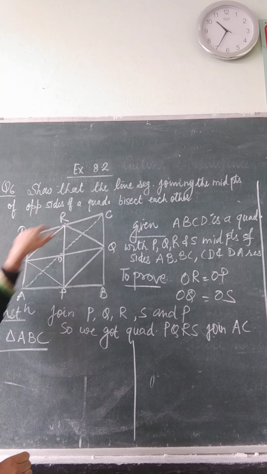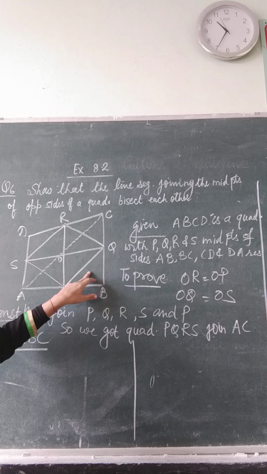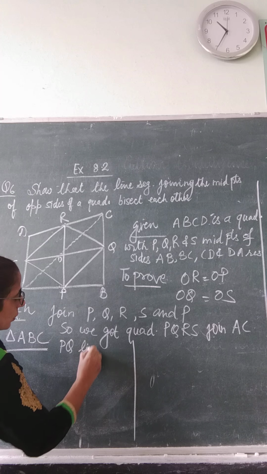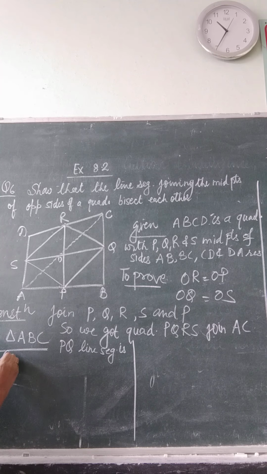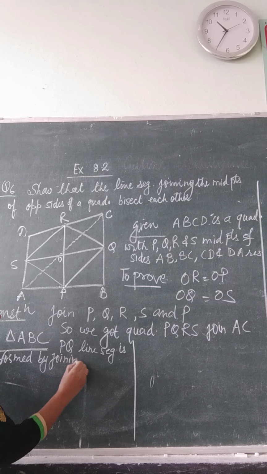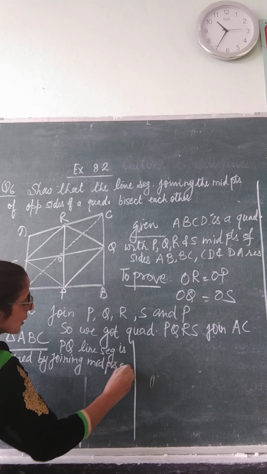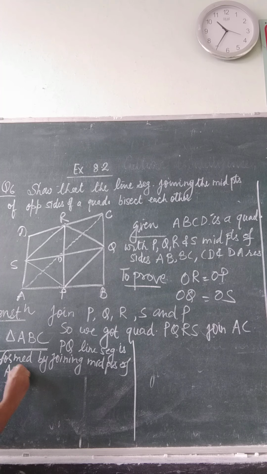In triangle ABC, PQ line segment is formed by joining the midpoints of AB and BC.